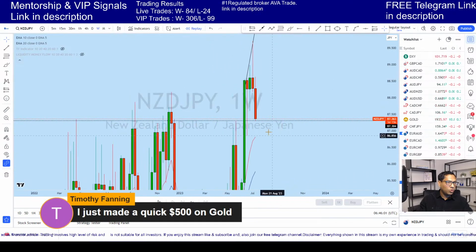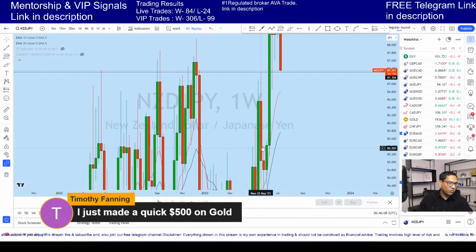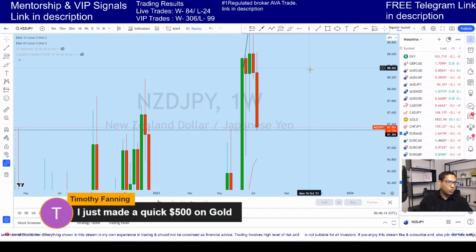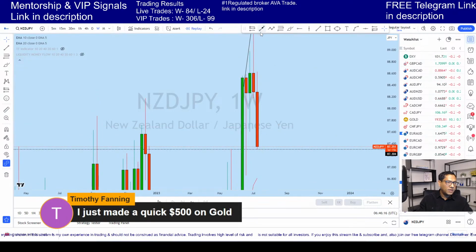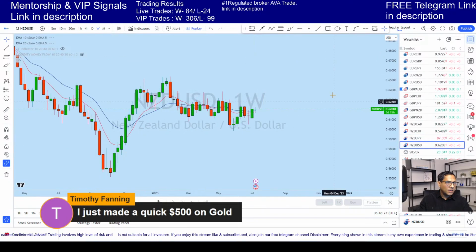If you look at the weekly, the market has already broken well below a level. You can see this red candle is previous resistance turned support here. So anytime I think NZDJPY might turn to a bull market. Let's see how it does.